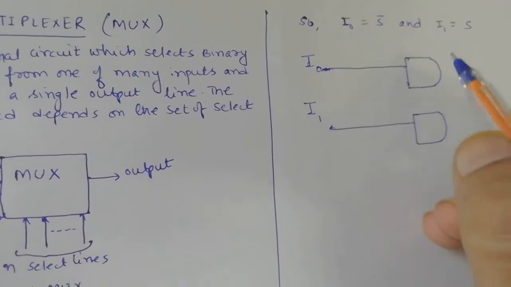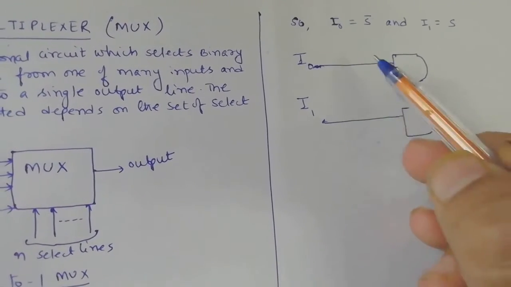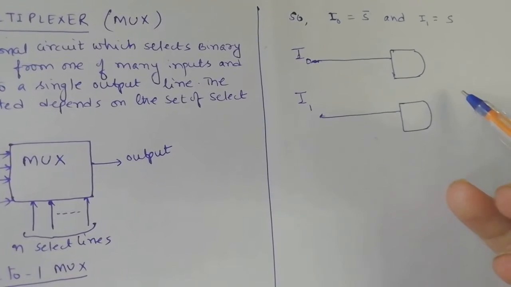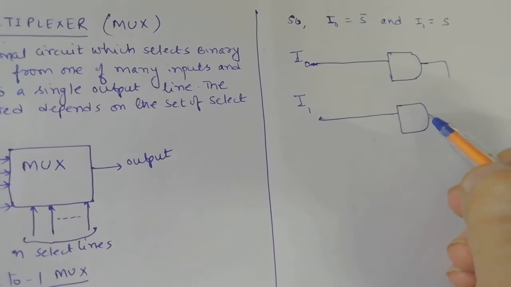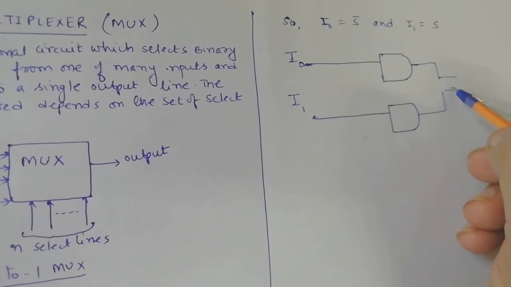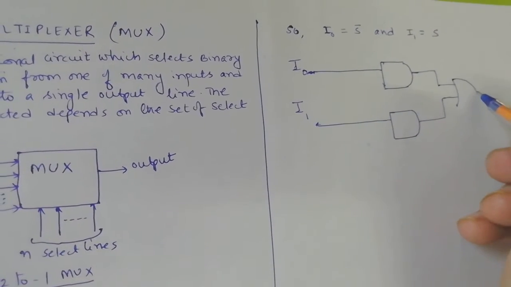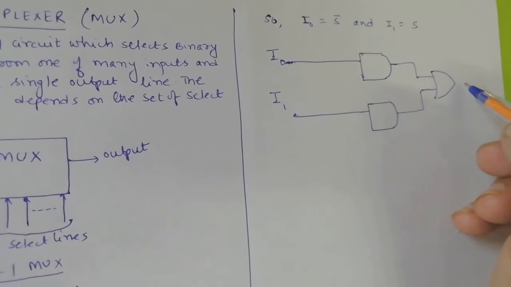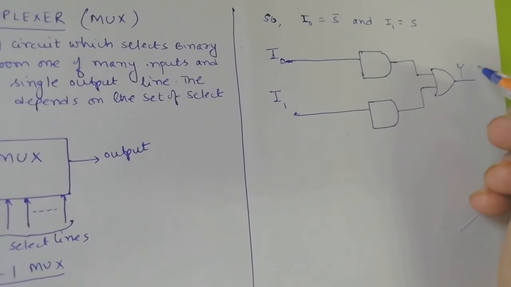Since in this multiplexer, out of the two inputs, only one will be directed to the output Y, we have to connect an OR gate. These two are connected to an OR gate, and this is our output Y.